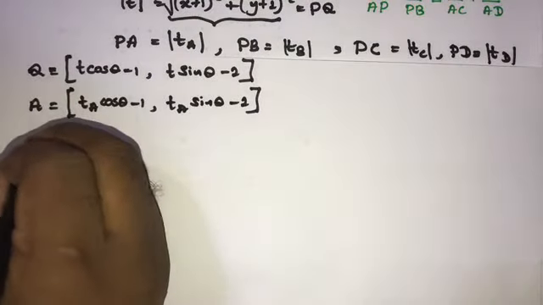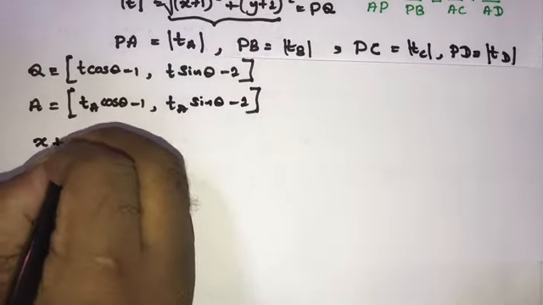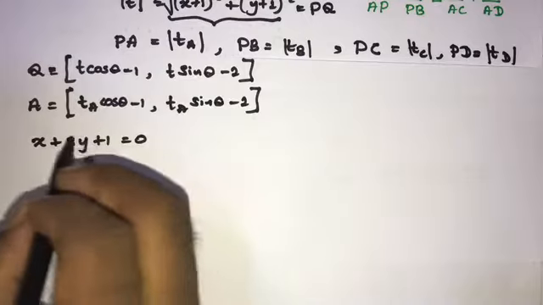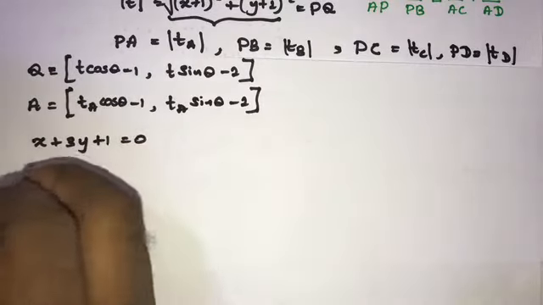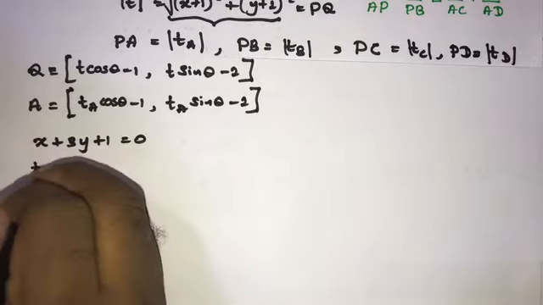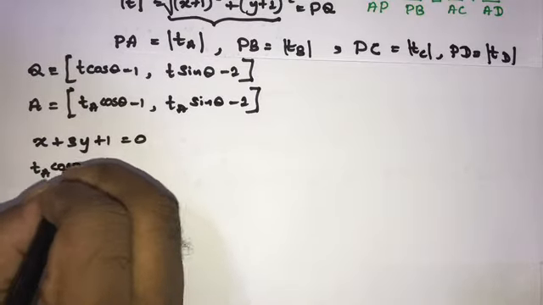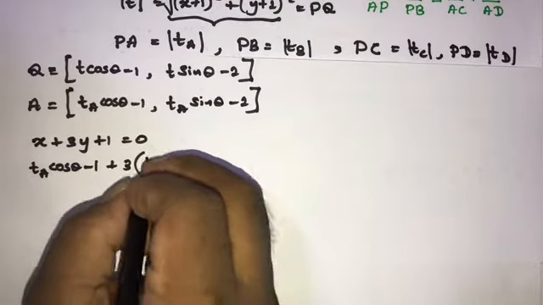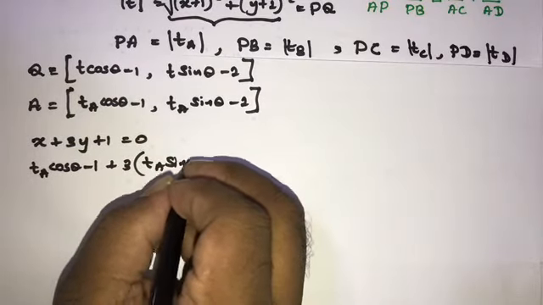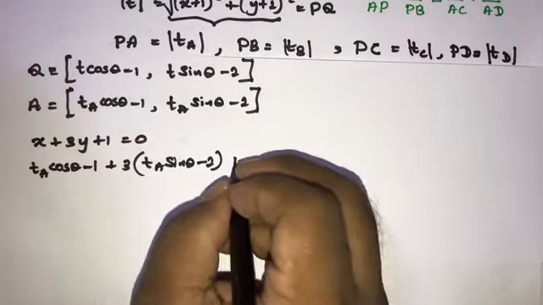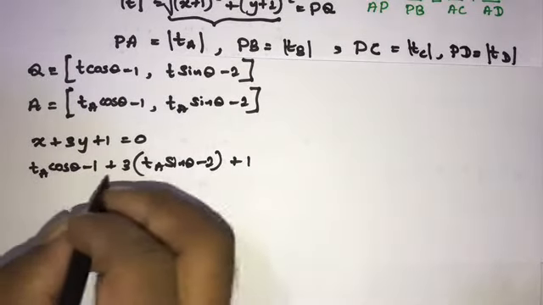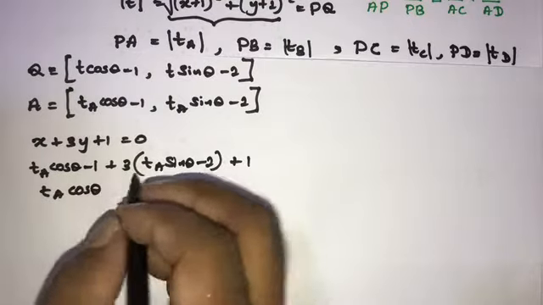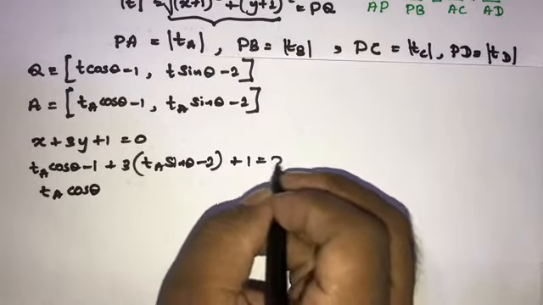So if we take the line x plus 3 times y plus 1 is equal to 0, now we can plug in for x and y. So x is equal to tA cosine of theta minus 1, plus 3 times (tA sine of theta minus 2), plus 1, equal to 0.